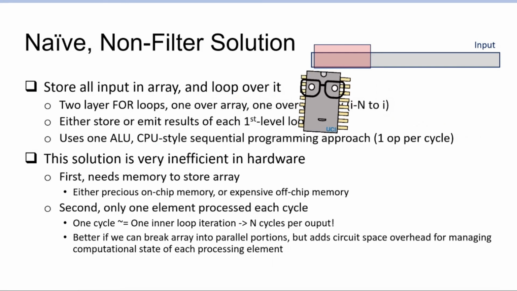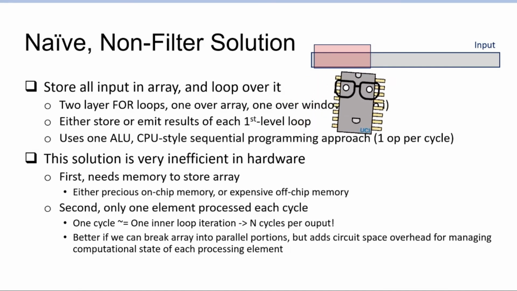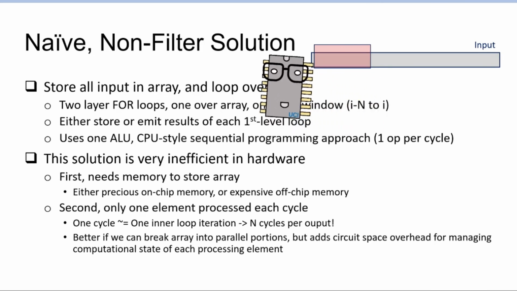And for each of these locations of i, we will have a sub for loop, which loops over the window. So we will have two for loops where the inner for loop is looping over this red box. And at the next loop iteration, it will loop over this box, and this box, and so on and so on.